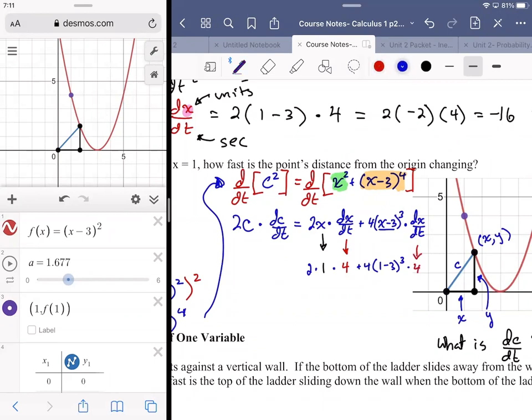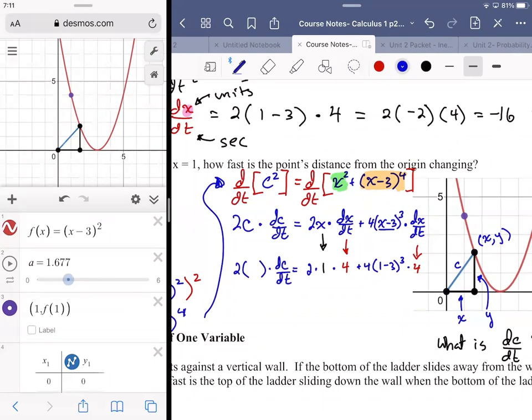On the left-hand side, we have a 2, an unknown c. We haven't figured that out yet. And we're looking for dc dt. All right, that's c. We don't know it, but we can figure it out.